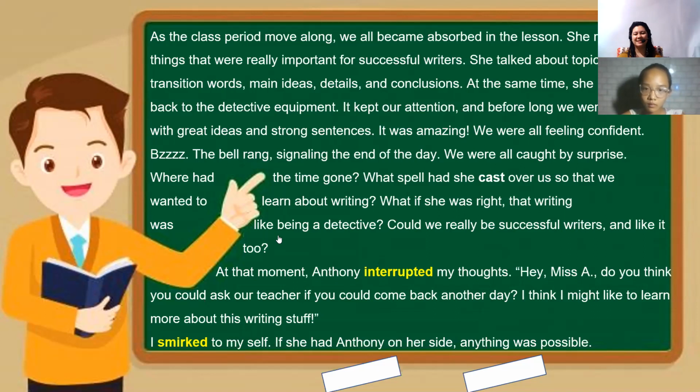Okay, and they think, what if the teacher is true? What if being a successful writer is like being a detective? And it came to their mind, what if they could really become a successful writer too? That is how the teacher changed the mind of the students to like the writing lesson.